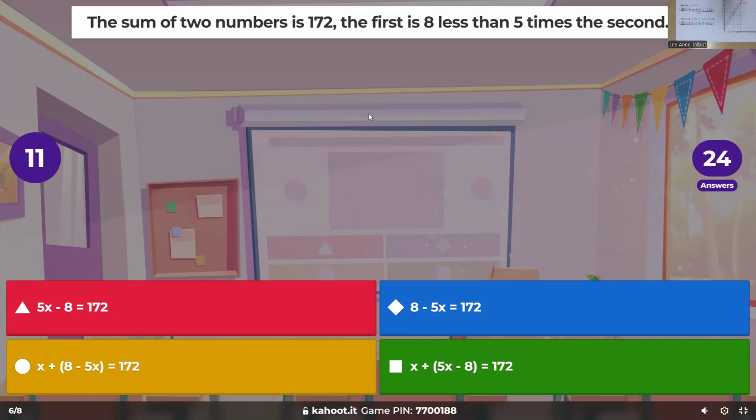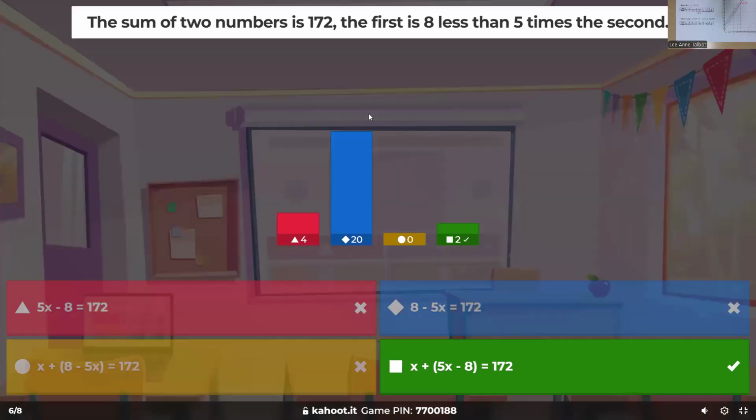This one's not blue. Everybody put blue. I know, because the thing tricked you the whole way through.